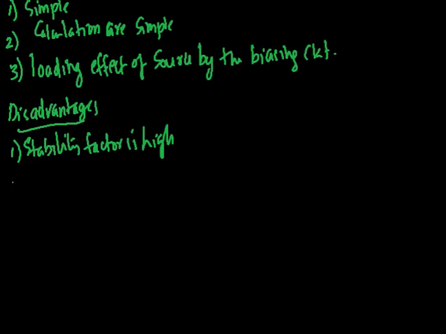Another disadvantage is that stabilization is poor. Stabilization is poor means that the base current varies with respect to temperature changes, and also with respect to variations in transistor parameters.